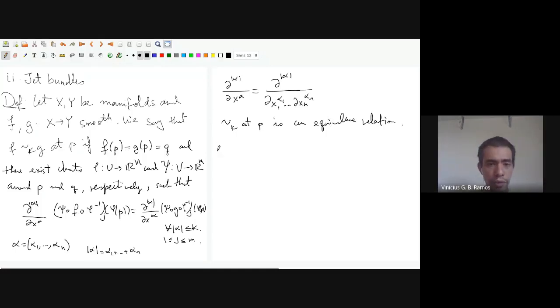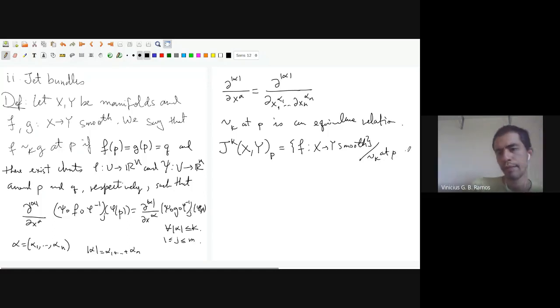Okay, so now we can define the space of jets at P to be the set of smooth functions with this relation. Basically, this is called the kth germ of a function like that.